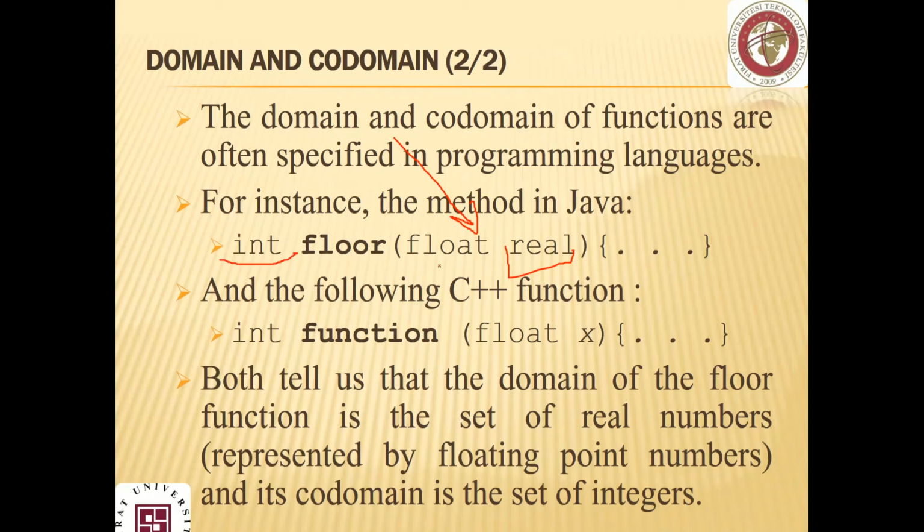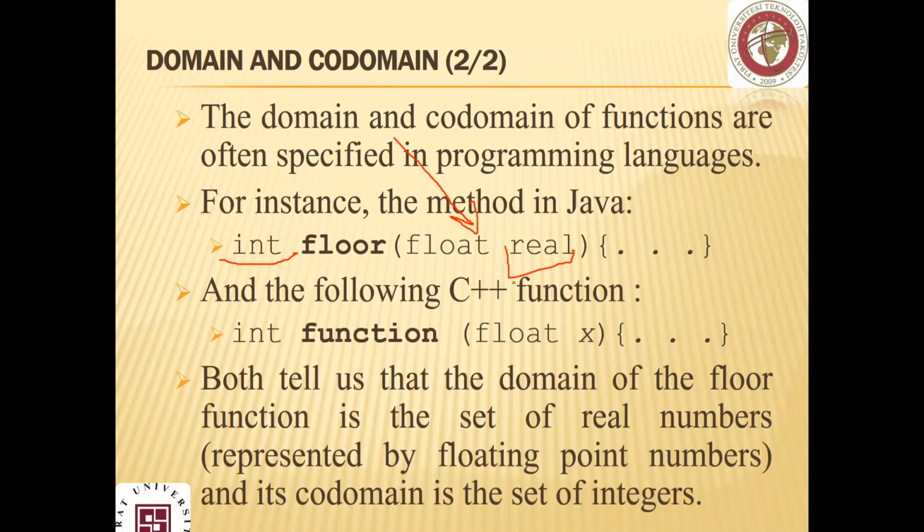So the domain is all real numbers, and the output could possibly be all integer numbers. So now you make sense of the domain and the codomain. The domain is whatever is possible to be input to the function, and in this case it's all real numbers. The output would be all integer numbers.